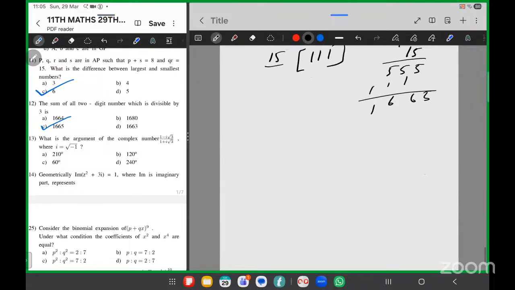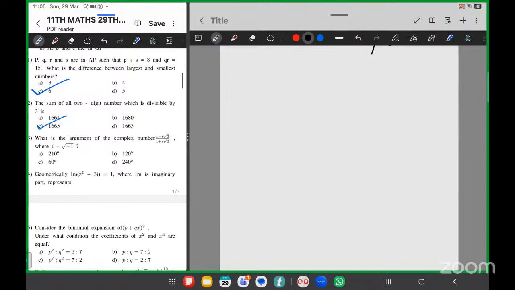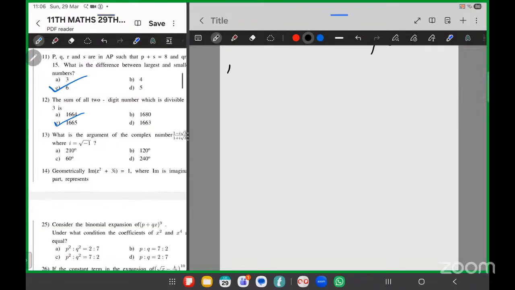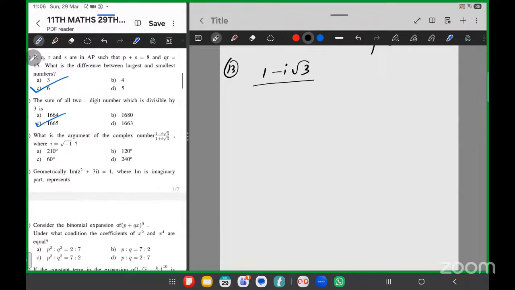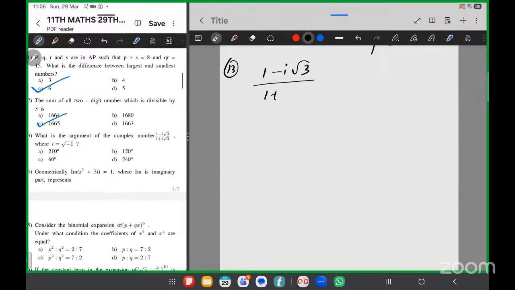Question number 13. What is the argument of the complex number? Argument we have to calculate. That means 1 minus iota root 3 divided by 1 plus iota root 3.